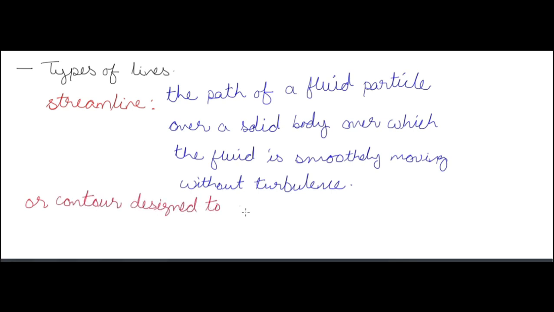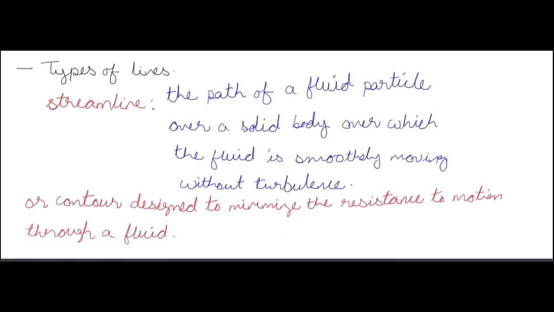Now in car design or aeroplane design, the designing of machines which face the resistance of fluid, it may be a submarine, a plane, or a car. A car has to face the resistance of air, a submarine has to face the resistance of water, and the aeroplane has to face the resistance of air.